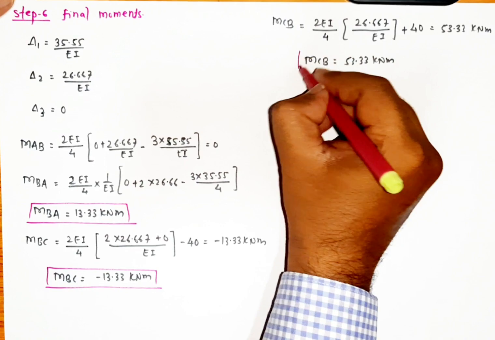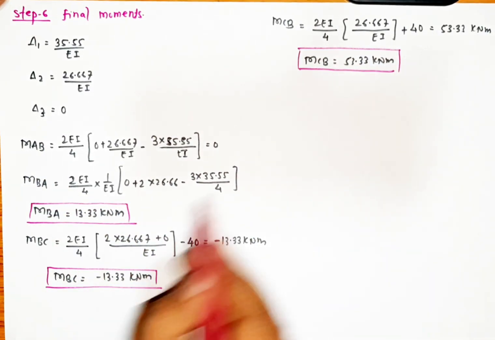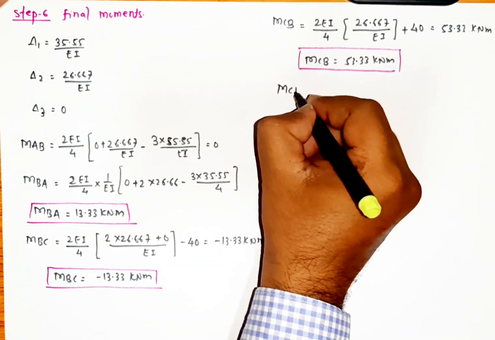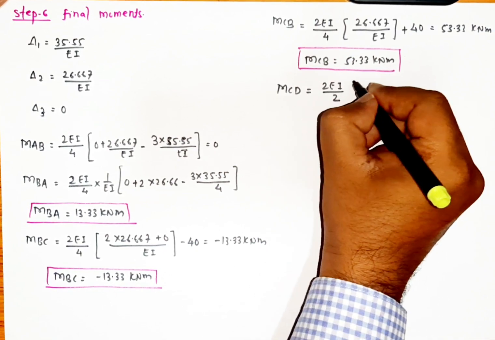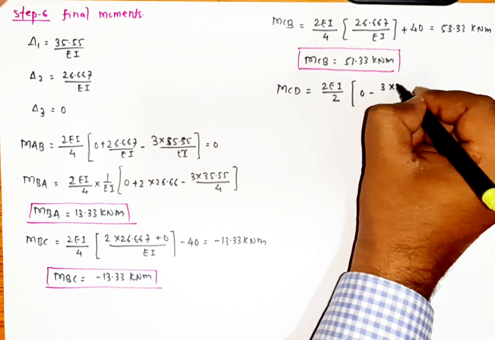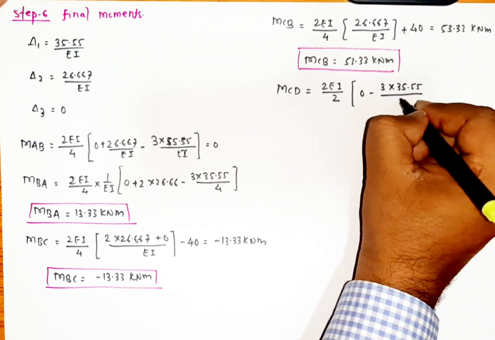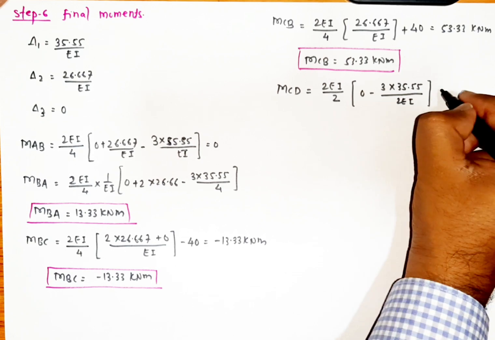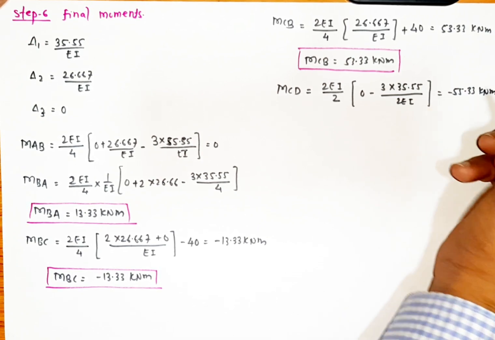We calculated MAB, MBC, MCB. Now it is MCD. For the MCD it is equal to twice of EI divided by 2 into 0 minus 3 into 35.55 divided by twice of EI is equal to minus 53.33 kilonewton meter.